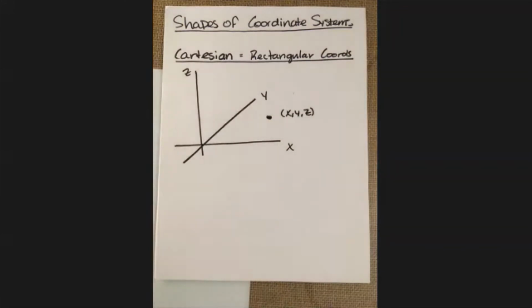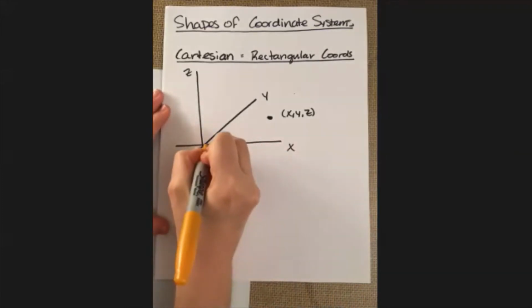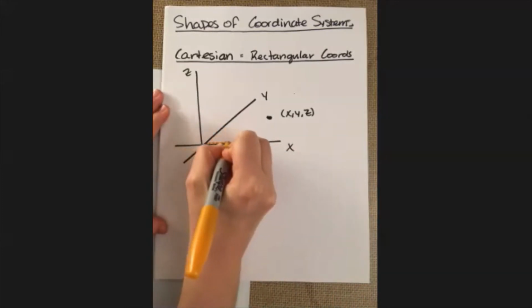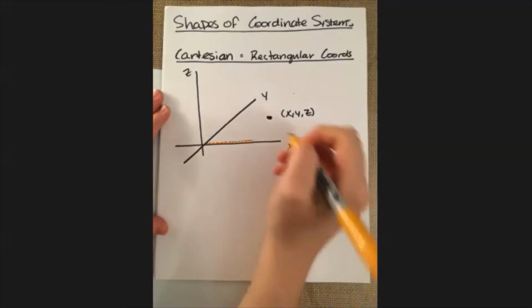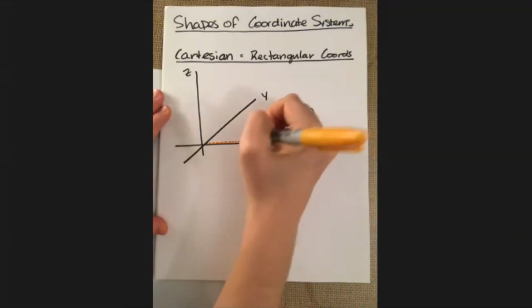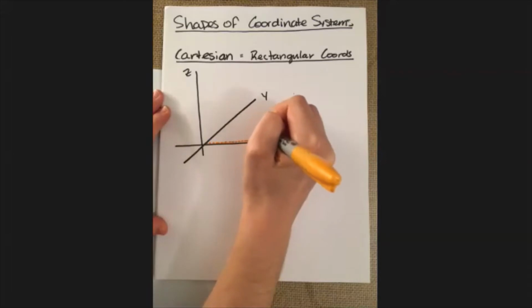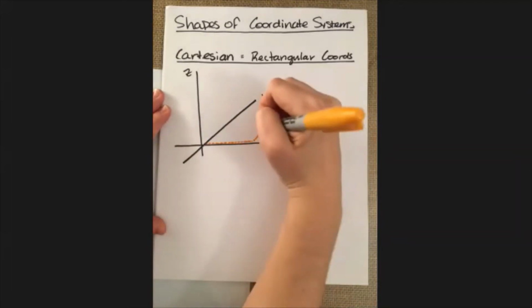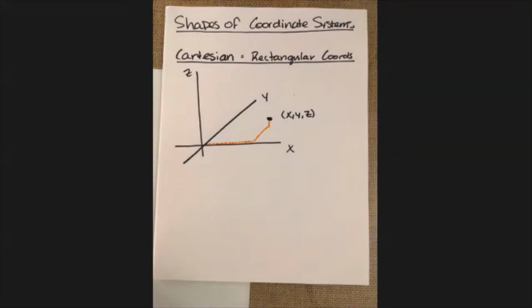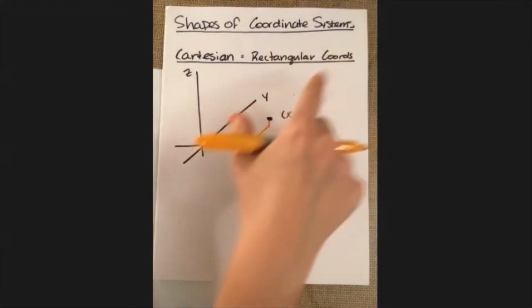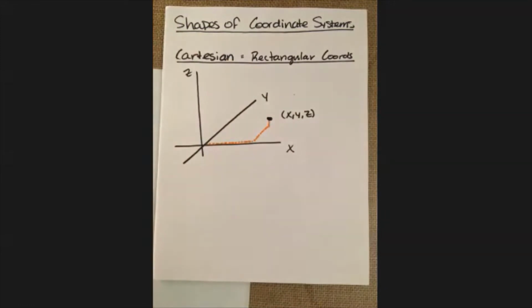In order to get to that point, I had to have counted out a certain number of X components, and then a certain number of Y components, and then a certain number of Z components. This really winds up filling out a rectangle, because these are just sides of a rectangle.